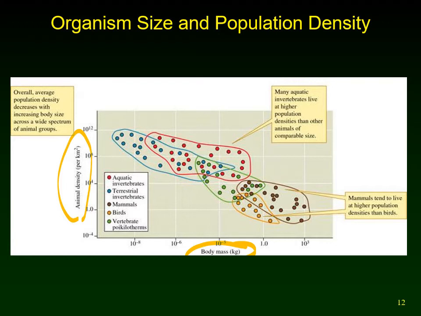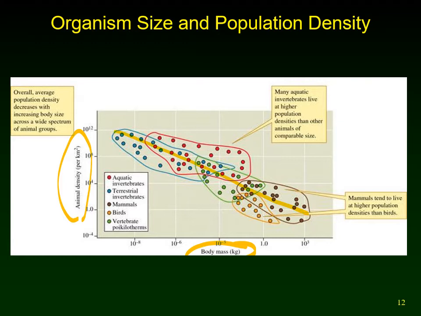And we can see, once again, we have a very clear trend line. It's really cool that the bigger animals, no matter what kind, are found in lower densities, and the smaller animals are found in higher densities. I think this might be related to energetics. It seems like a pretty clear pattern.